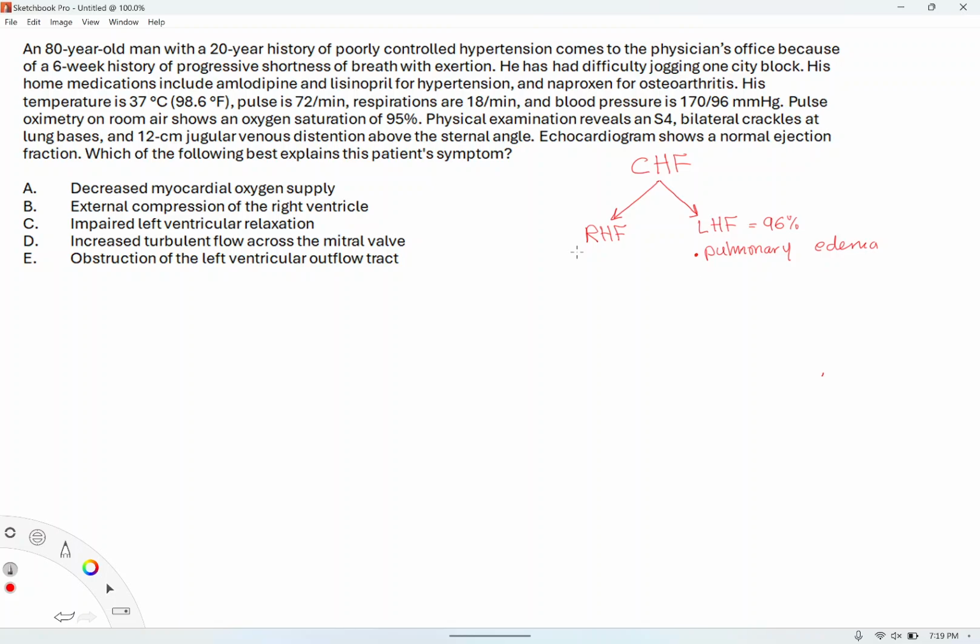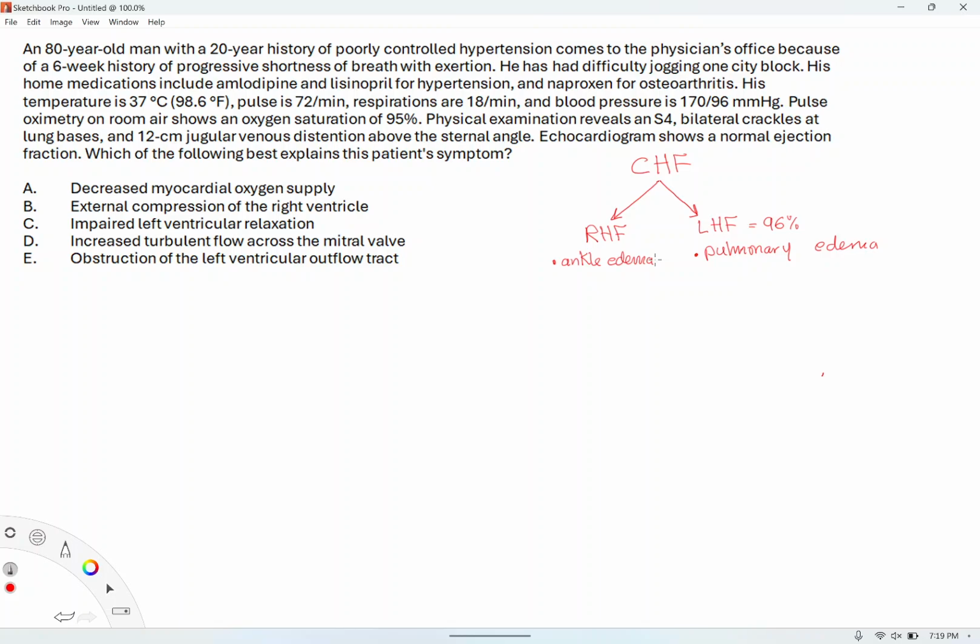So always look for pulmonary edema. In right heart failure, you will be looking for ankle edema. Again, remember, if you only have pulmonary edema, then you'll be thinking of left heart failure only. But if you have signs of not just ankle edema but other signs, then you'll be thinking of right heart failure as well.